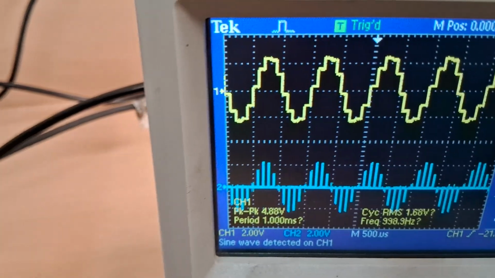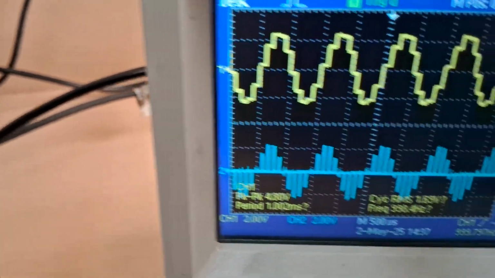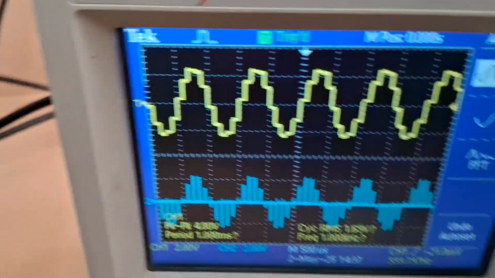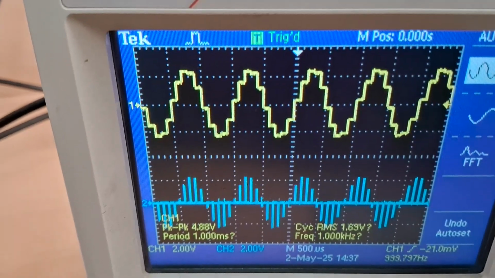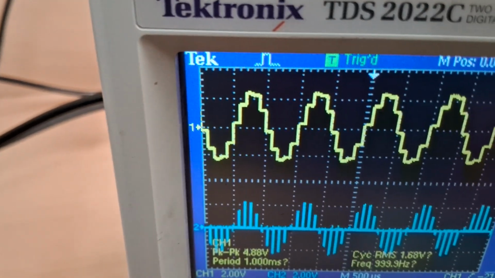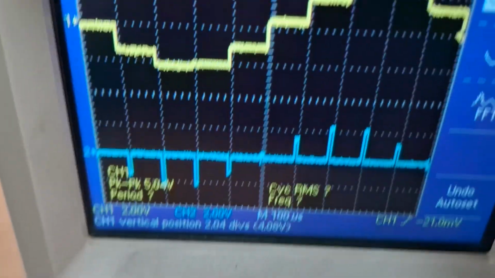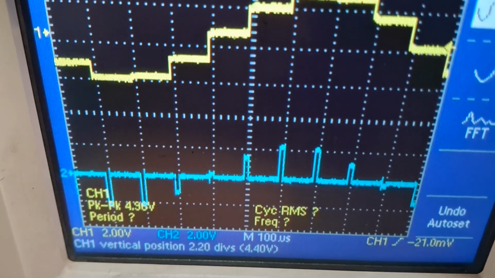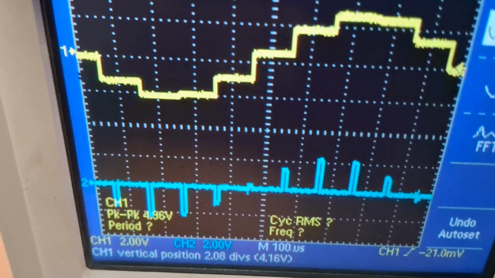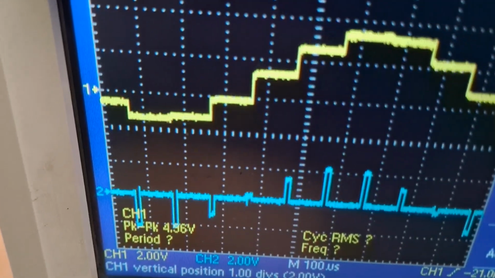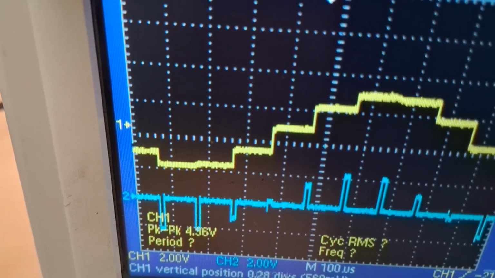So you can see the sample and hold output and the sampled output: the second channel is the sampled output, the first channel is the sample and hold output. What we'll compare is, see here, the sample and hold output will be matching with the sample and hold output, yes, here.